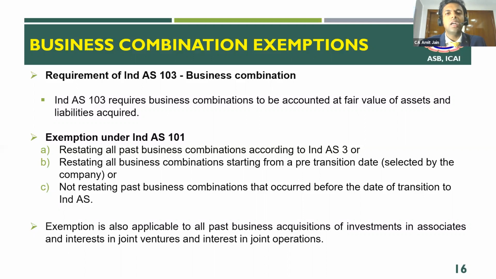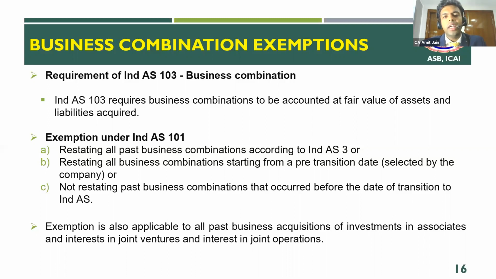A business is basically an activity which involves input, processing of the input, and which is capable of generating output. That is called a business. So any entity having an input, processing of those inputs, and capable of generating output is called a business, right? So if there is an acquisition of that, it is called a business combination as per IND-AS 103, right?